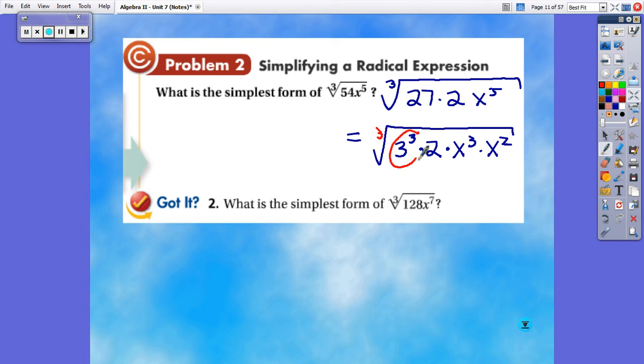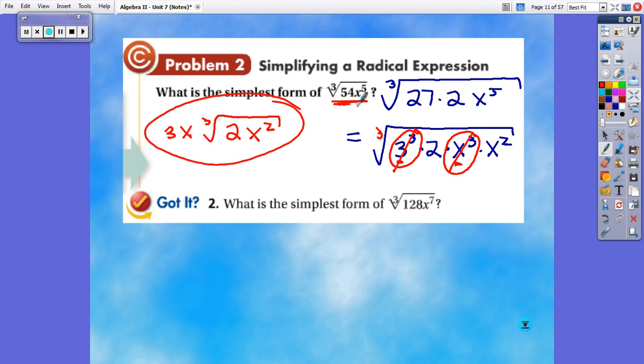We can take this out pretty easily, and we can take this out really easily. So now your answer is going to turn into 3x, the 3 from here, the x from here, so now those are gone, times the third root of whatever's left over, 2x squared. So this would be your answer for this problem.